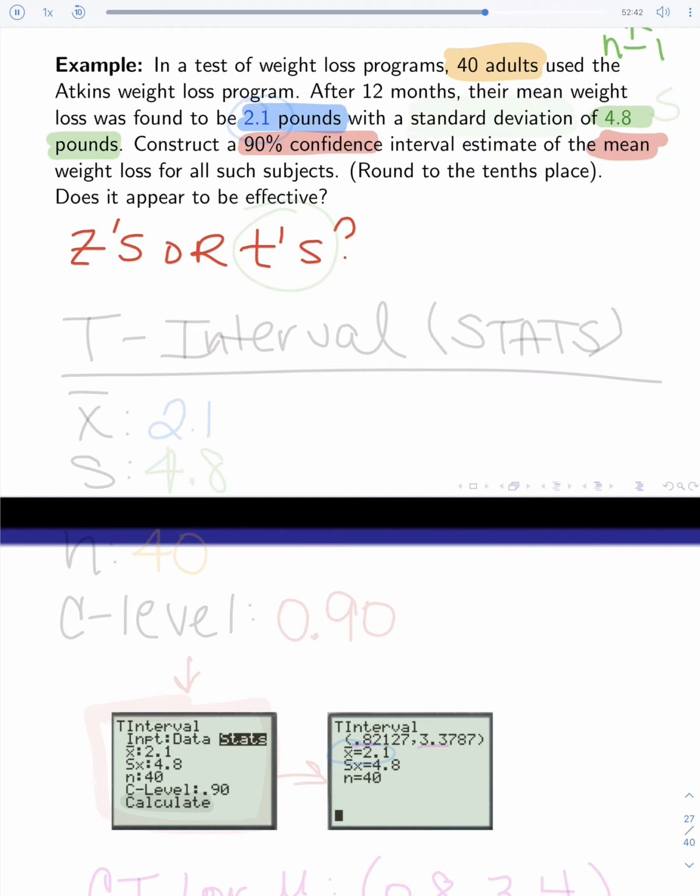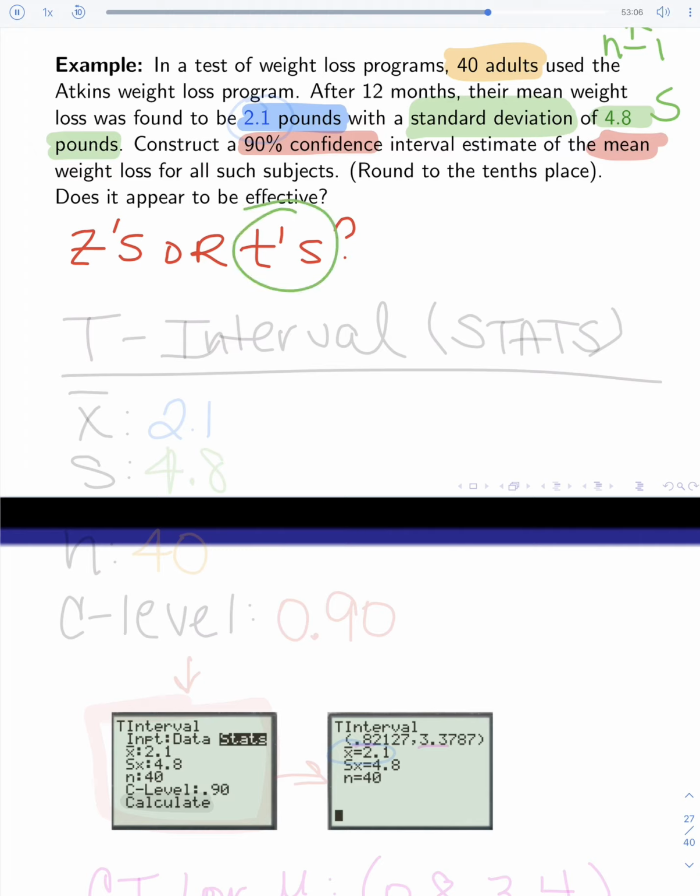Notice they tell us that our standard deviation is only for these 40 adults, which means it's for a sample. So this is an S, not a sigma. That means we're going to be using T's, not Z's.